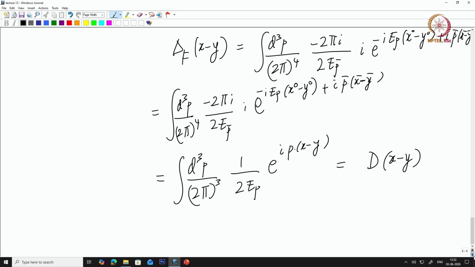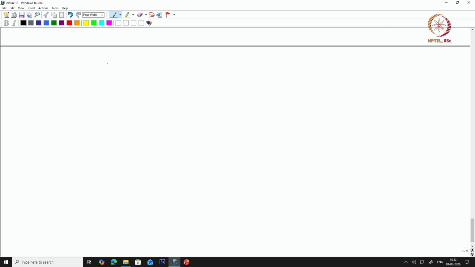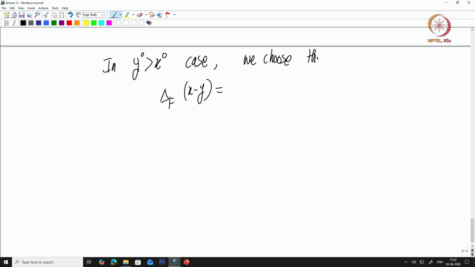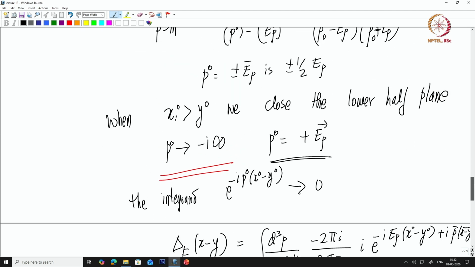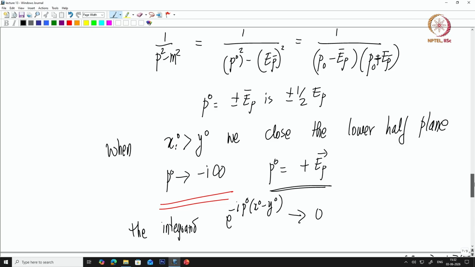In the y0 greater than x0 case, what will we do? We do the reverse. We have delta F (x minus y) equal to, so we choose the upper half plane and redo the exercise, and that gives you a minus sign here. So, P0 equal to minus EP is the pole, and that gives you a half EP as the residue.